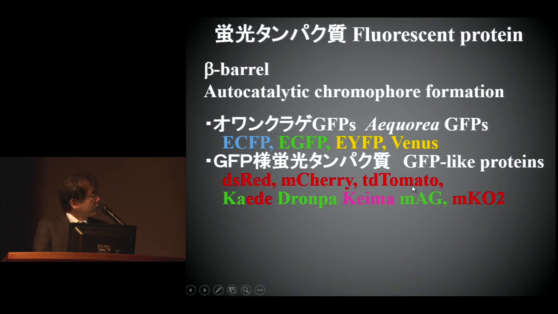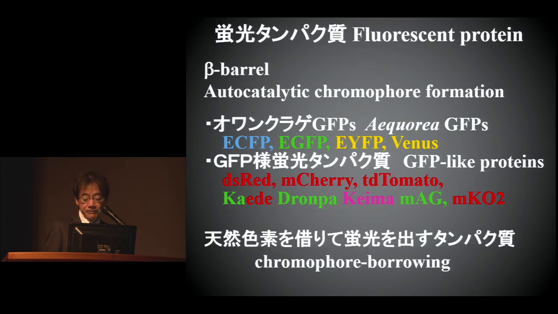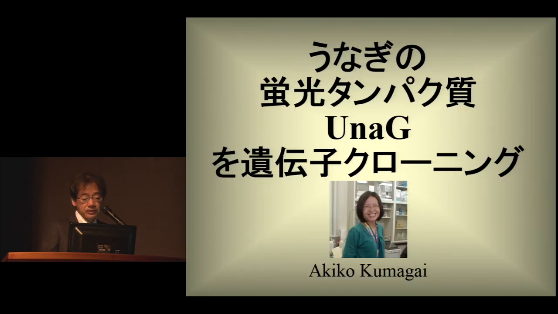But all these proteins share the same basic subunit, the beta barrel, and they all synthesize chromophores from their own peptides. But in a broad sense, fluorescent proteins should include the proteins that become fluorescent by taking up a natural chromogenic ligand. So I'd like to tell you about the eel protein.